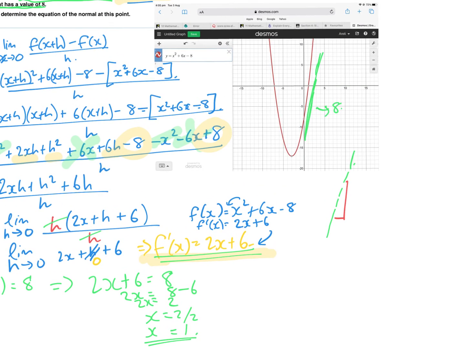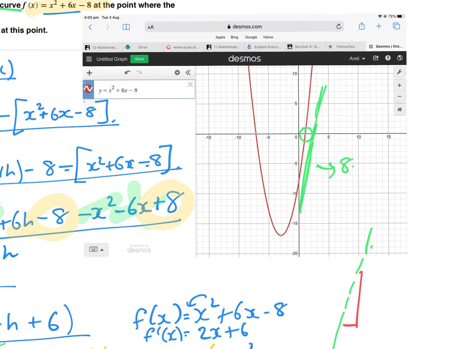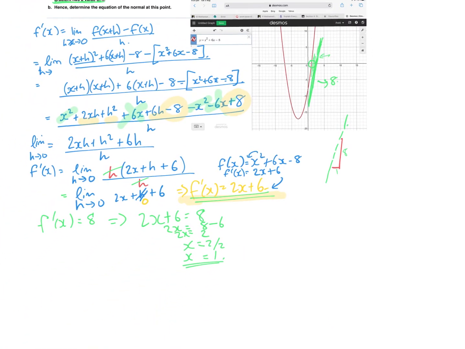It looks like it's on this line here. If I hone in on here, that's my x is 1. At that point, I'm going to get this slope here, this 8 up for 1 along slope. Visually, I did pretty good to pop this little tangent in there. It's going to hit in there, but we don't know its equation yet. So let's do the equation part to it.